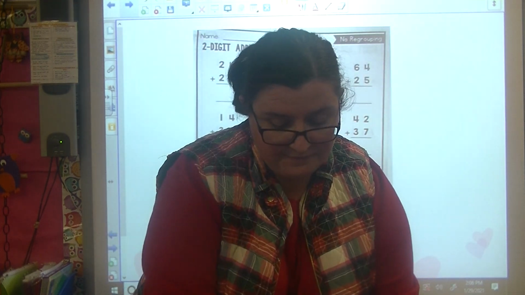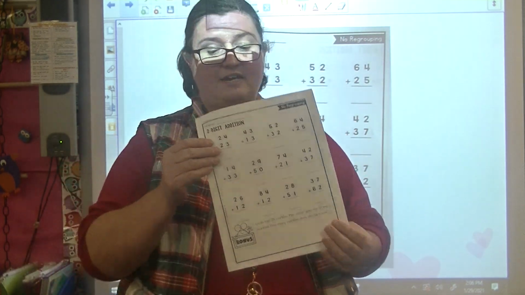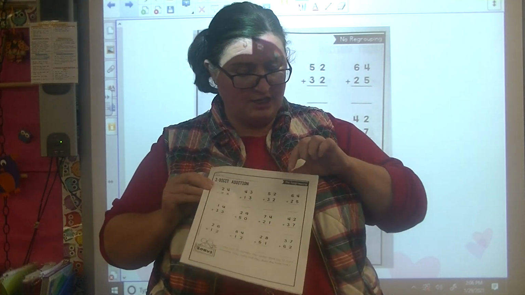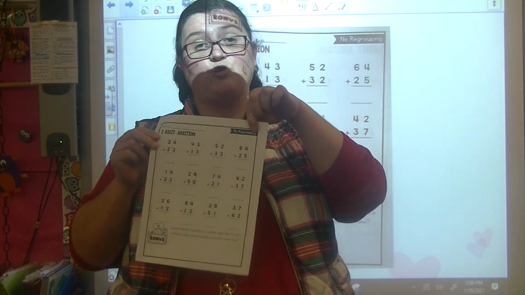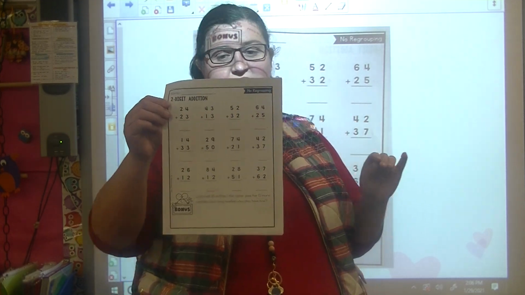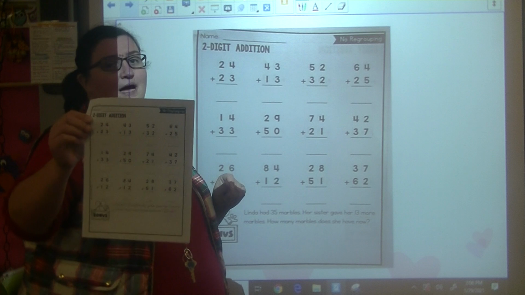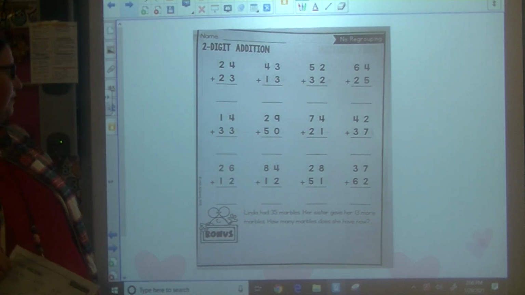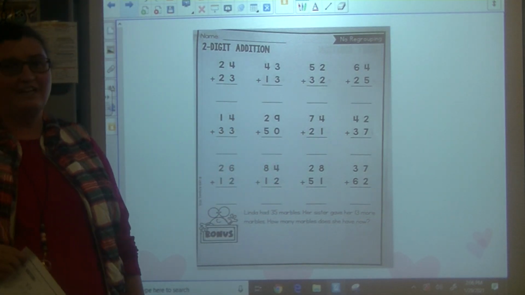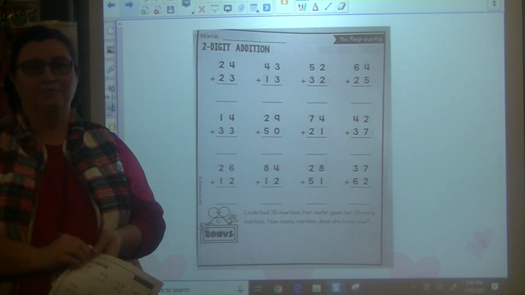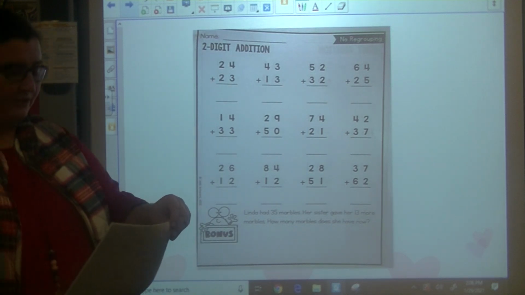Inside of it, you have a set of papers that say 2-digit addition, no regrouping. That's the paper you need to get out. It looks just like mine on the board. Pause the video and find this group of papers. Press play when you're ready.